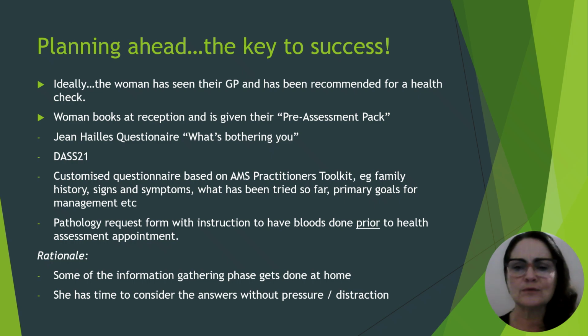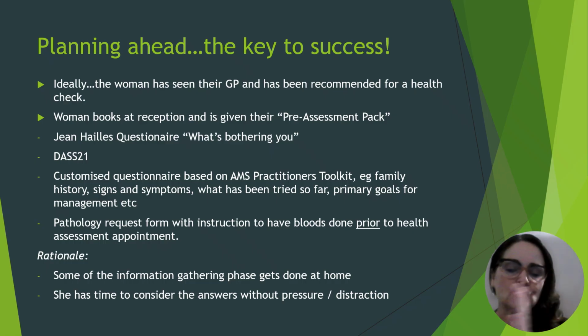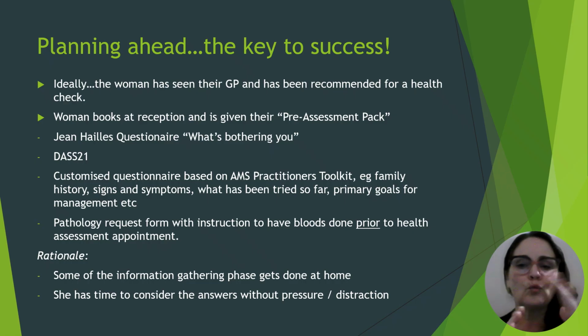Just because someone is feeling a certain way, it doesn't mean that it has to be pigeonholed into one thing or another, but the DASS helps to categorize where they're leaning the most towards. Is it stress? Is it depression? Because maybe it's not perimenopause, maybe it's something else.